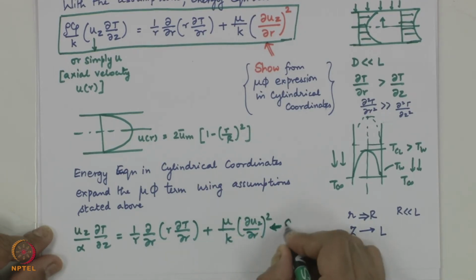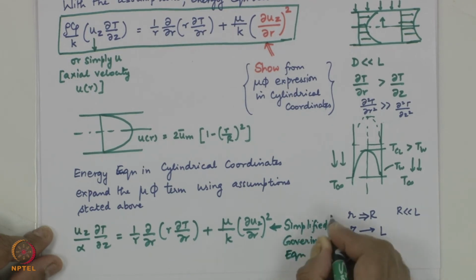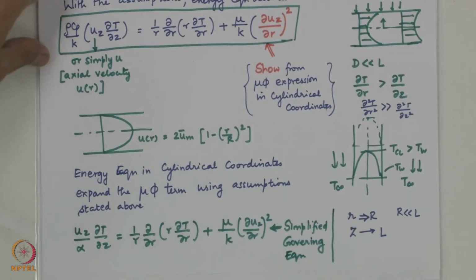This is the simplified governing equation considering viscous dissipation. Now, we will go to what we have done in hydrodynamics for a pipe.